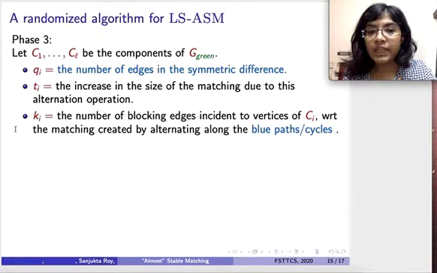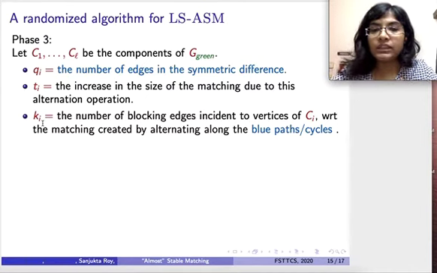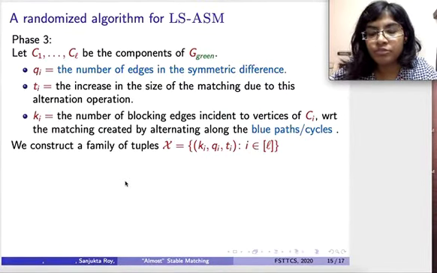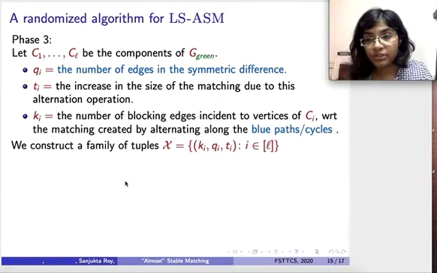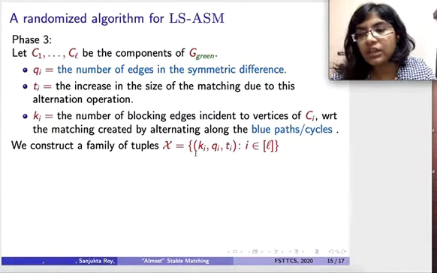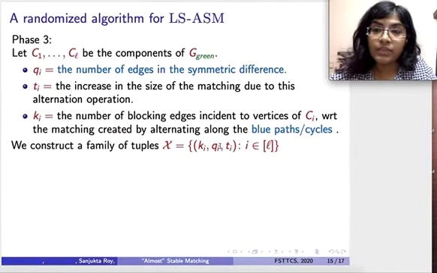So for each component separately, we can compute this value Ki, and now our problem is that we want the sum of Ki's over the components C1 to Cl. So we want to find a subset of these components such that in those components the sum of Ki's is at most k, the sum of Qi is at most q, and the sum of Ti is at least t, right?